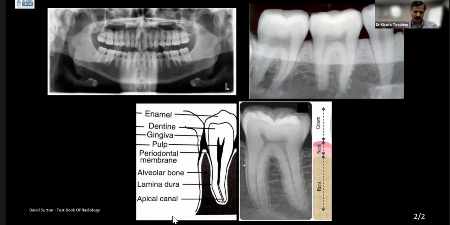And then there is a sclerotic line. This sclerotic line is the lamina dura. So if there is a lucency here, if this line is missing, it means some process, some destruction has happened.